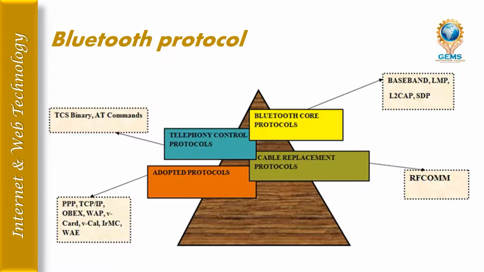Telephony control protocols are TCS binary and AT commands. The cable replacement protocol is RFCOMM. And adapter protocols are point-to-point protocol, transmission control protocol, internet protocol, OBEX, WAP, vCard, vCal, IrMC, and WAE protocols.